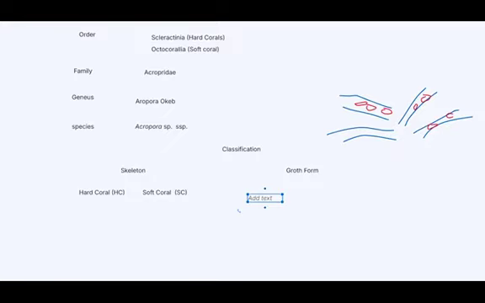So we can have branches, like in Acropora, we can have massive form, like in Porites, and we can have table, we can have mushroom, we can have so many shapes or growth forms. So from here, okay, we got hard coral, which growth form we have, so we can say, oh, it's branches. So we're getting closer to the species that we are surveying or counting.